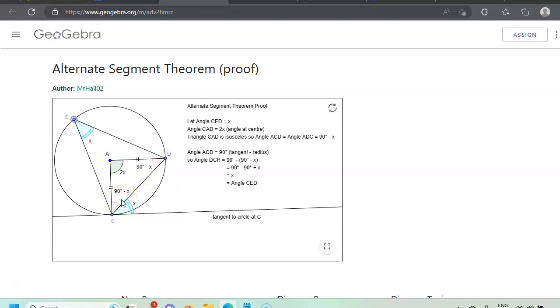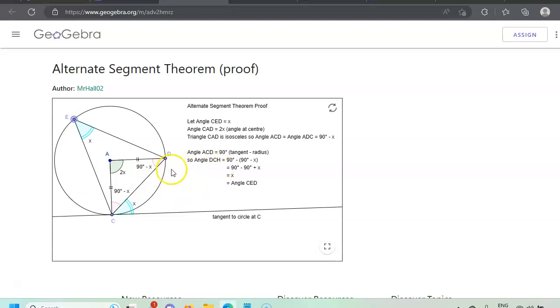It happens that one base of that isosceles triangle is the upper part of the right angle here, the right angle formed between the radius and the tangent line. So we represent the angle formed with CD and the tangent line as x. So the upper part, or the base of the isosceles triangle, will be 90 minus x.